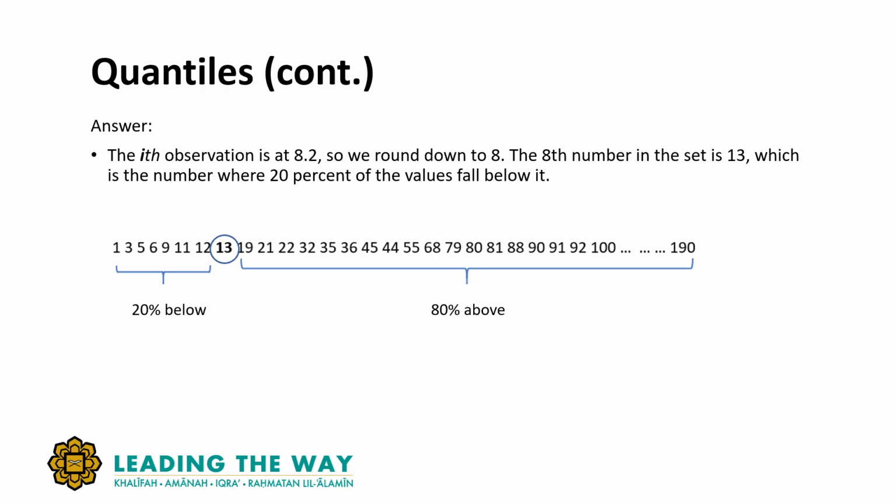The 8th number in the set is 13, which is the number where 20% of the values fall below it. So the answer key here is 13. This is the 8th number in this data set. Below it is 20%, and above it is the other 80%.